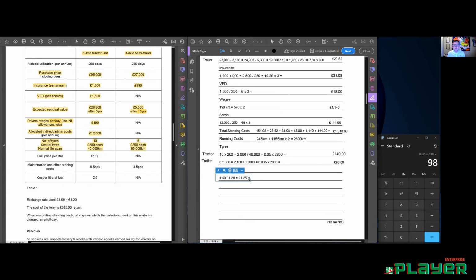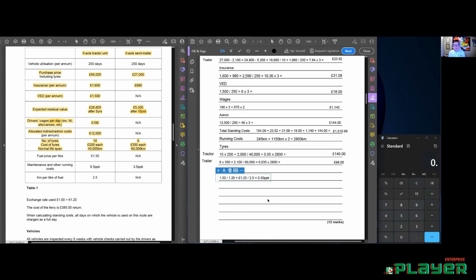So I take £1.25 divided by 2.5, which gives me 0.5. That's 50 pence per kilometre. So my fuel costs me 50 pence per kilometre.